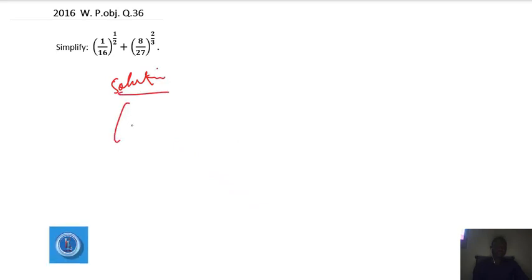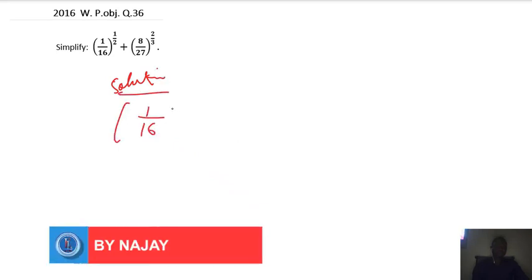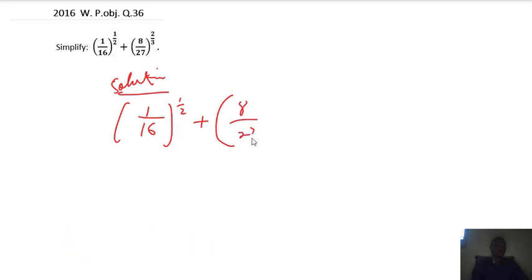We have (1/16)^(1/2) + (8/27)^(2/3). With this one, we can write 16 as 4 exponent 2, so we have (1/4^2) all to the power of half.